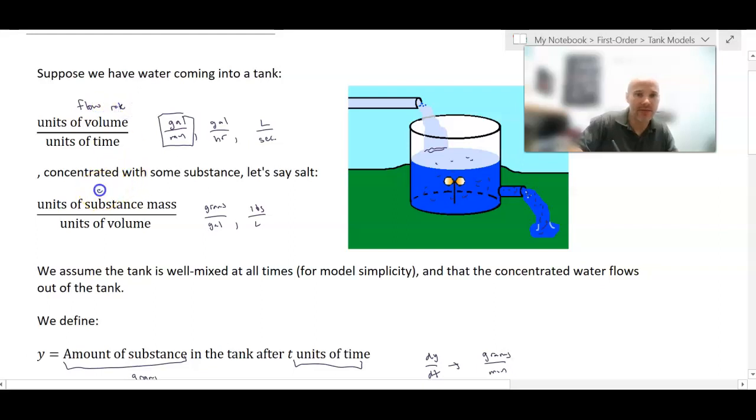And then here we have the concentration, and let's say our units of substance mass are grams and volume is gallons. If you know how many grams are coming into each gallon, and how many gallons are coming in each minute, then multiplying them gives you the total number of grams in each minute.